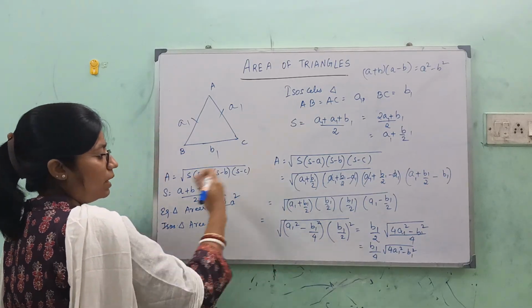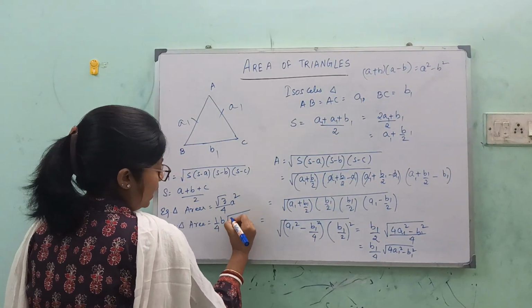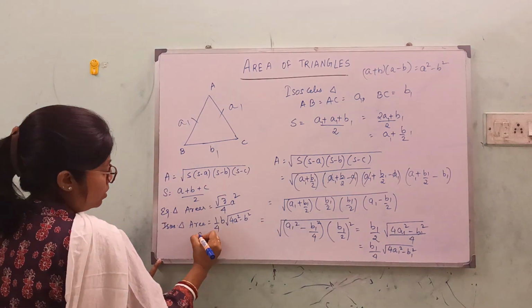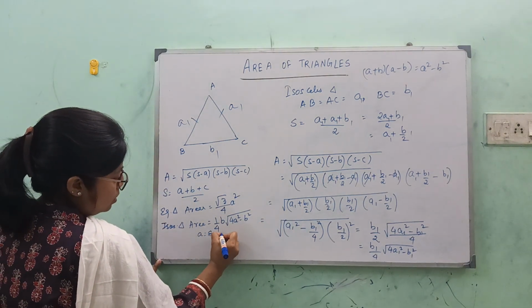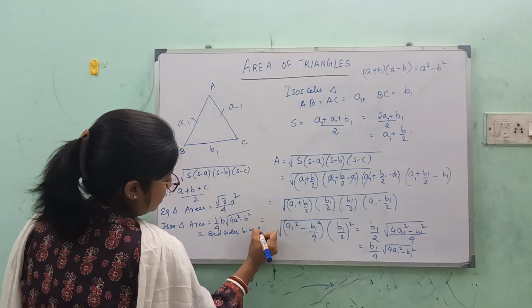Here let me come to the general form now. Let b be the unequal side, and this is the square root of 4a square minus b square, where a is your equal sides and b is the unequal side.